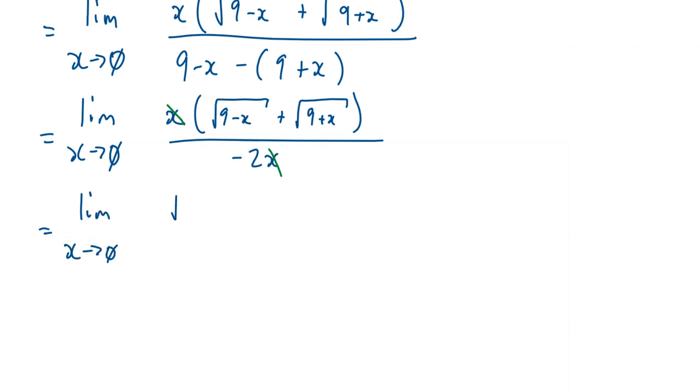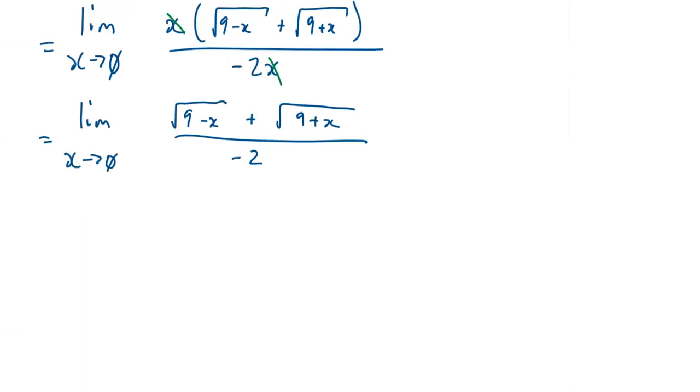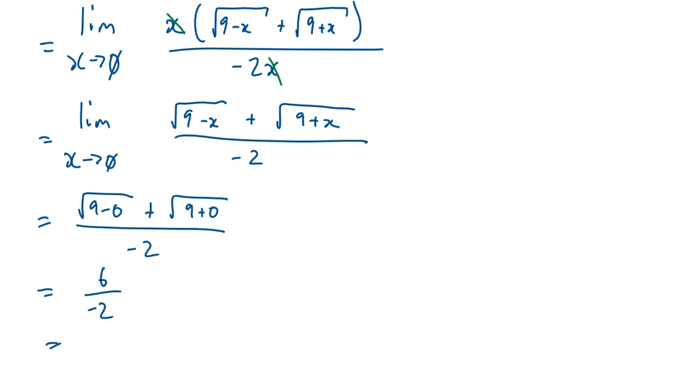So I've got square root of 9 minus x plus the square root of 9 plus x over negative 2. Now I can sub in 9 minus 0 plus 9 plus 0 over negative 2, which is square root of 9 plus square root of 9. 3 plus 3 is 6 over negative 2, which is negative 3.